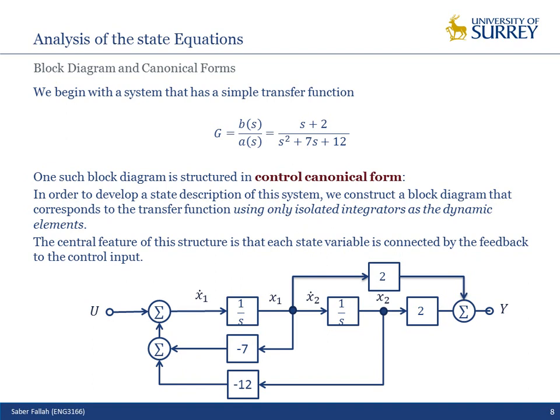If you substitute, I don't have time to go further, but if you do this calculation, you need to have just y and u in your relation. You need to get rid of x1 and x2. Based on this block diagram, if you do that, you will get the same transfer function. Please do this calculation at home by yourself. If I have time at the end of the module, I will.